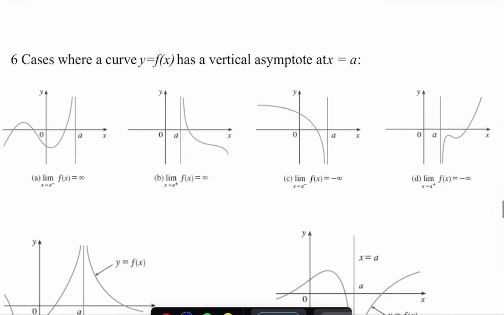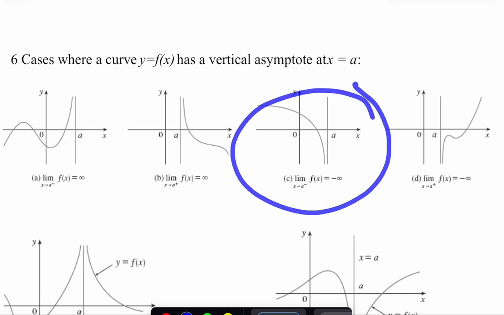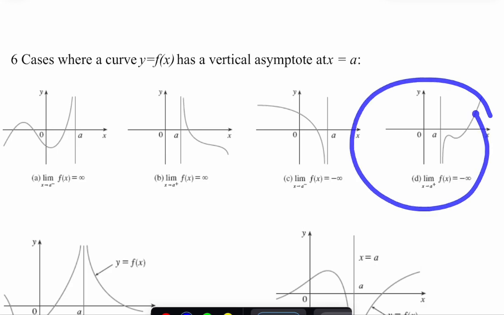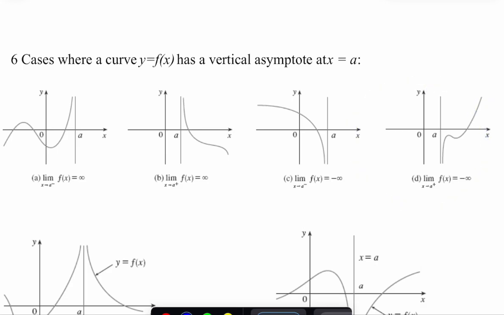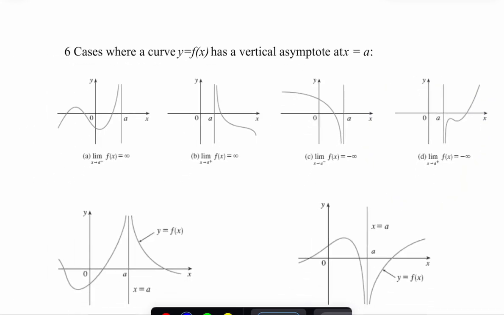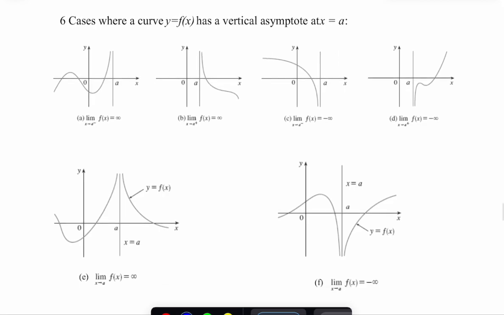And there's what the negative infinity answer looked like. So that's if I'm approaching from the left, going to negative infinity. Approaching from the right, going to negative infinity. The only time you get an answer at a vertical asymptote for both sides, they both have to match. So they either both have to go up or they both have to go down.